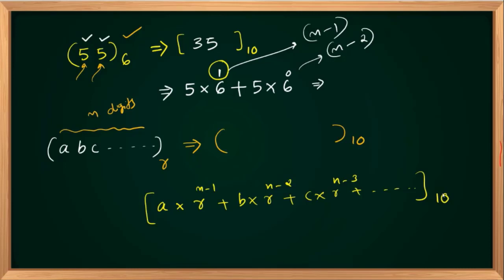So continuous division and addition of continuous product: to convert base r to base 10, continuous product and addition; base 10 to lower base, continuous division.